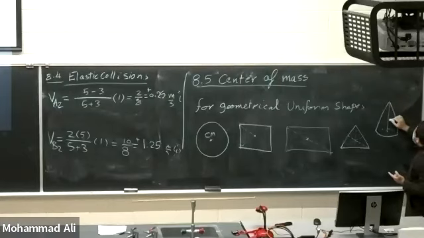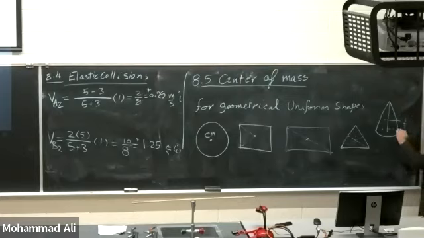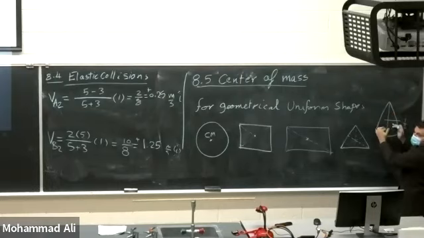But if this is the half of its axis, do you think the center of mass is below or up? Where is most of the mass concentrated? Is it below or above? It will be below, because we have more mass from here. Okay?